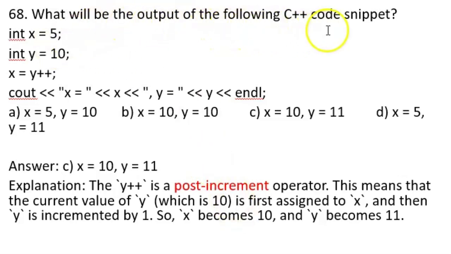Question 68. What will be the output of the following C++ code snippet? int x = 5, int y = 10, x = y++. cout x, y. Int x equals y means y is 10, so x is 10.